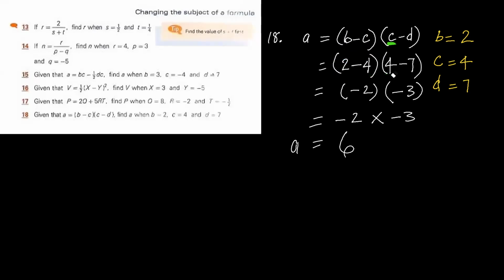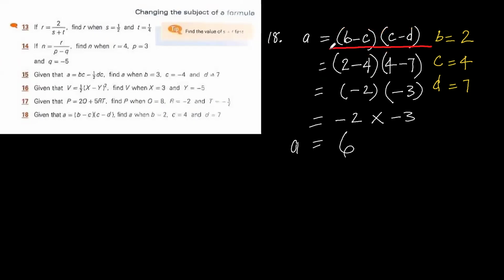I could go over the question now. The question was A equals B minus C, but remember the brackets mean multiply.